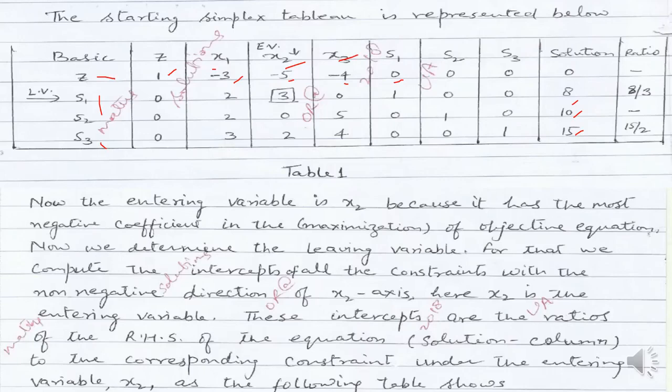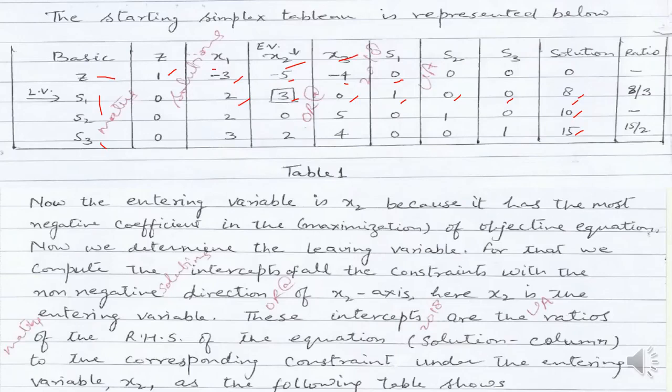So in the S1 row the coefficient of Z is 0, of x1 is 2, of x2 is 3, of x3 is 0, S1 is 1, S2 is 0, S3 is 0, and the right hand side is 8. Similarly we write the coefficients of the S2 row and S3 row.